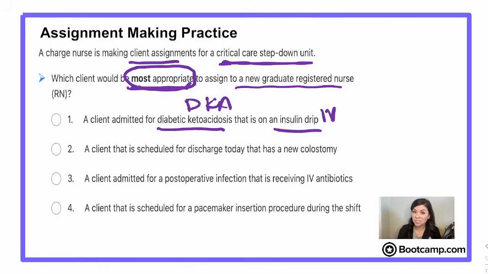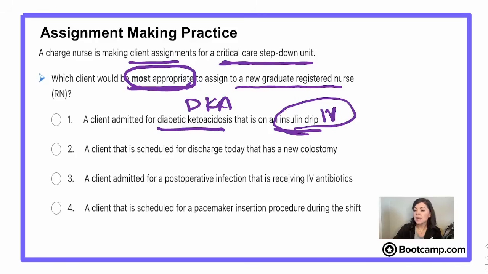So that client's at really high risk for arrhythmias and life-threatening complications. So you really want a more experienced nurse that's familiar with DKA protocols and IV insulin. Because once again, IV insulin is one of the highest risk medications we can give as a nurse. If we accidentally bolus it, we have a high risk for client mortality. So this should really be a more experienced nurse if we can help it.